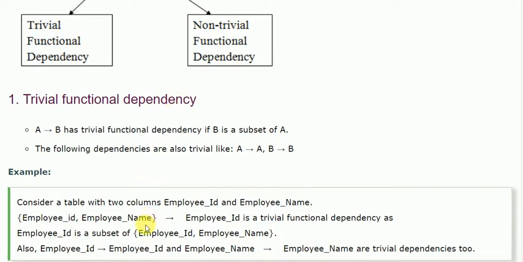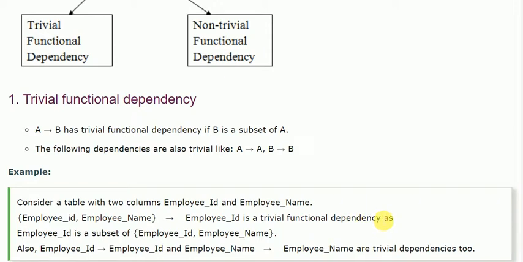For example, there is a table of employee ID, employee name that we have already taken as an example. Now if employee ID and employee name, these both attributes determine employee ID, then it is a trivial functional dependency.